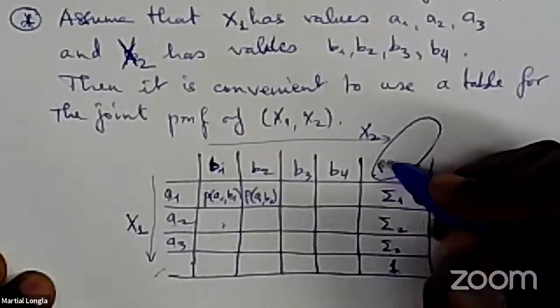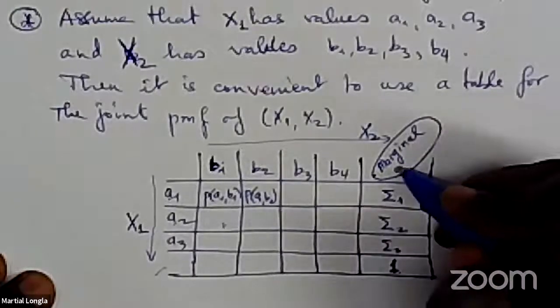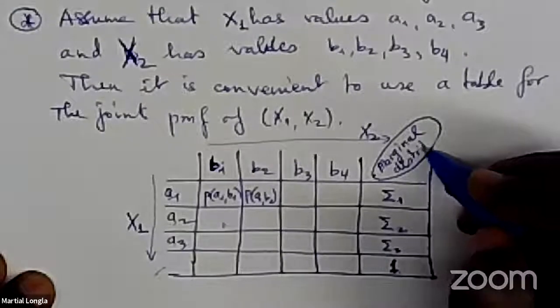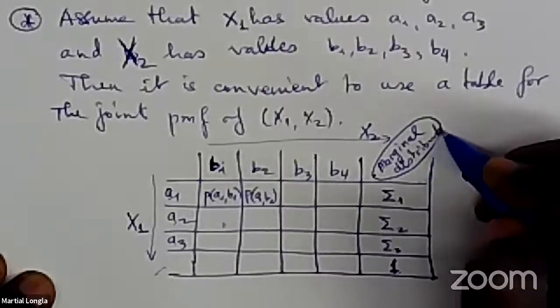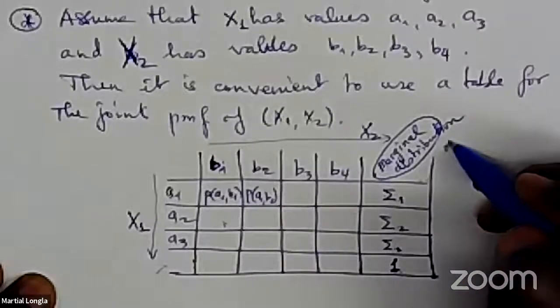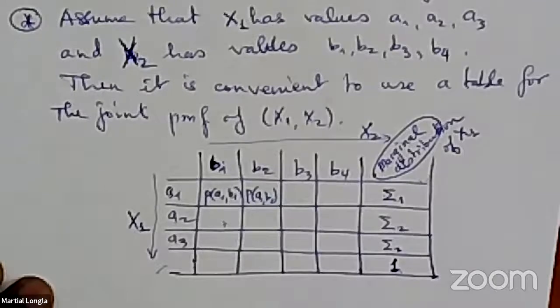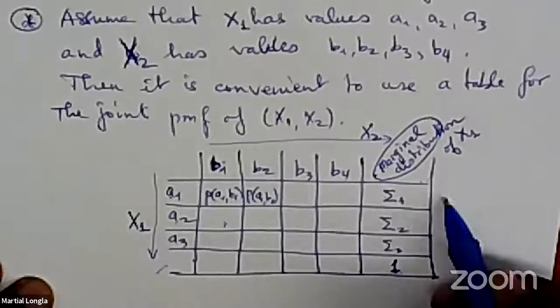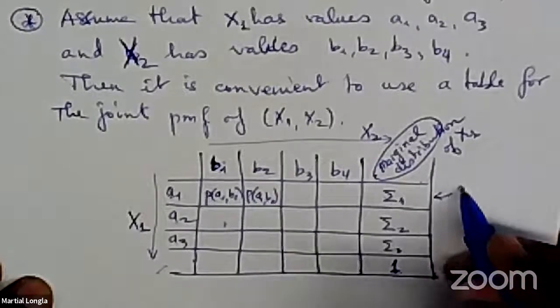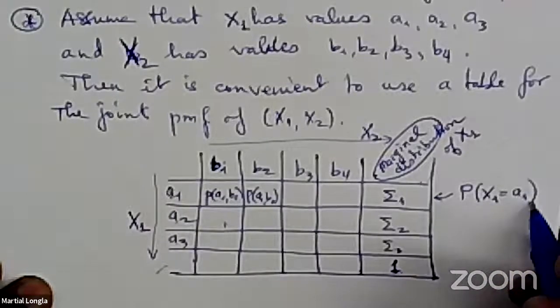New word, marginal distribution. So what you get here is the marginal distribution of x1, which means what? That right here is the probability that x1 equals a1.